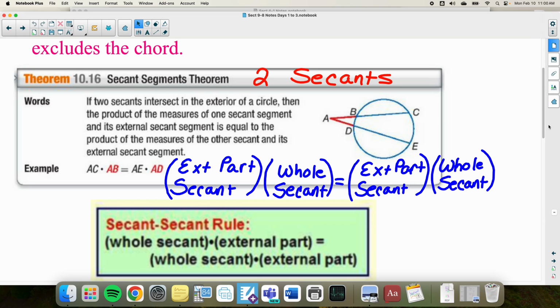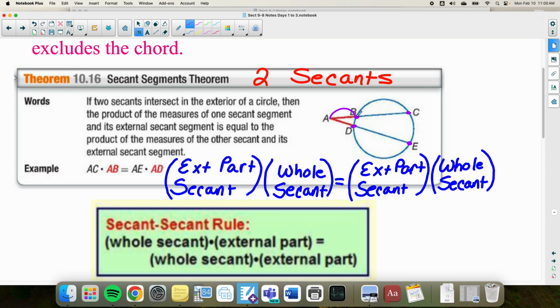A tangent touches the circle in 1 point, a secant touches in 2 points. So here I have it touching here and here, and then AE touches here and here, okay?